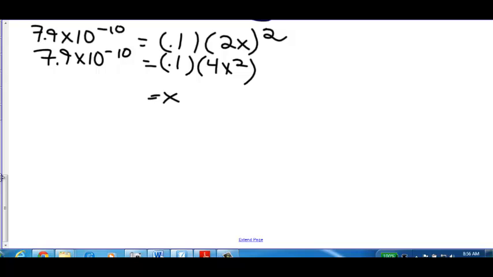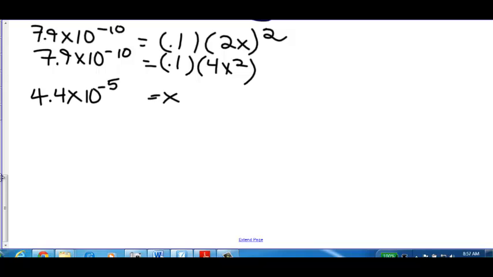Wait, maybe I have a mistake. Hold on. I did. Yeah, I got that too. You forgot to multiply it by 0.1? No, I did it to the cube, not squared. Oh. It's 4.4 times 10 to the negative 5th. Good.